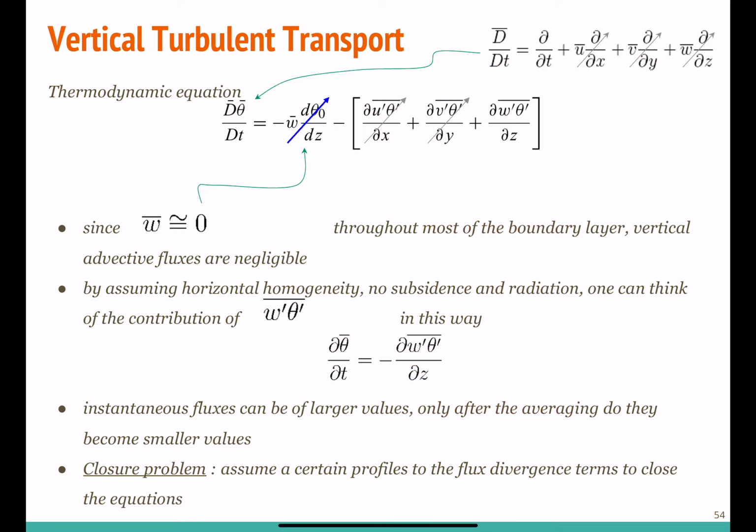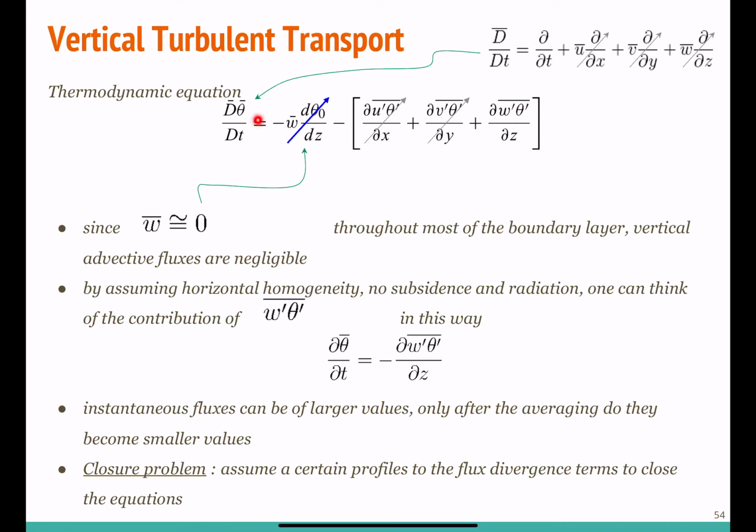Okay, so next is the vertical turbulent transport. Now we have crossed out all these three terms in here. All we have left is the total change of the potential temperature profile over time and the divergence of the vertical turbulent flux.